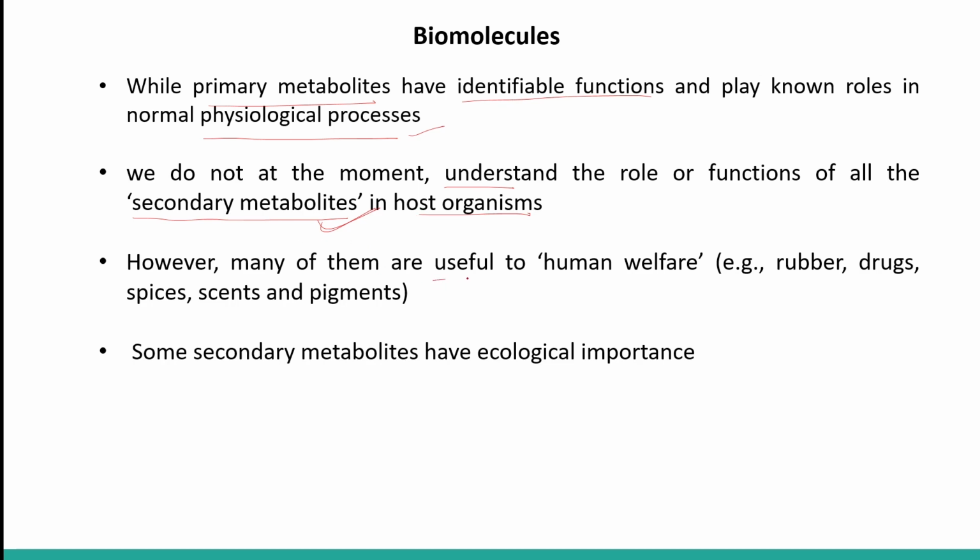However, many of them are useful for human welfare, and economically they are very important, like rubber, drugs, spices, scents and pigments. Why plants have those secondary metabolites we cannot understand, but they are very useful for human welfare. Some secondary metabolites have ecological importance too.